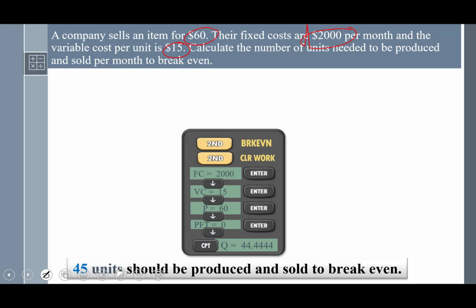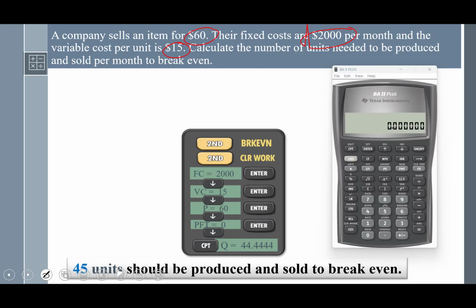So let's grab our calculator and see how we enter this. Okay, so here we go. You can see that the break even is here above the 6 button. So we're going to press second 6 to bring up the break even worksheet. We're going to clear work to make sure nothing is stored there. So fixed cost is 2,000.